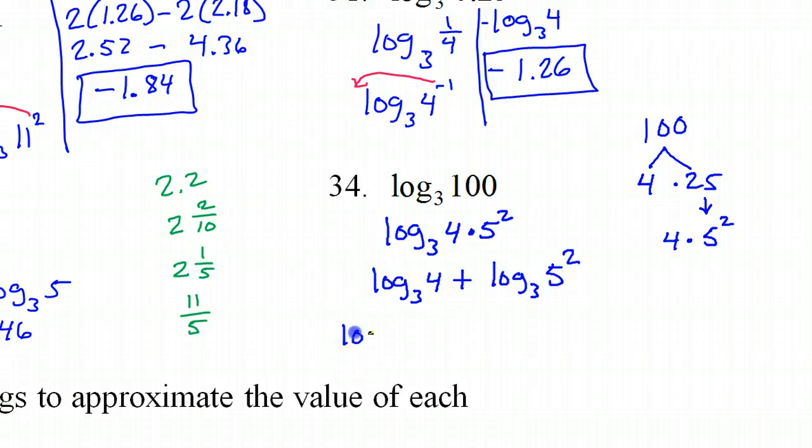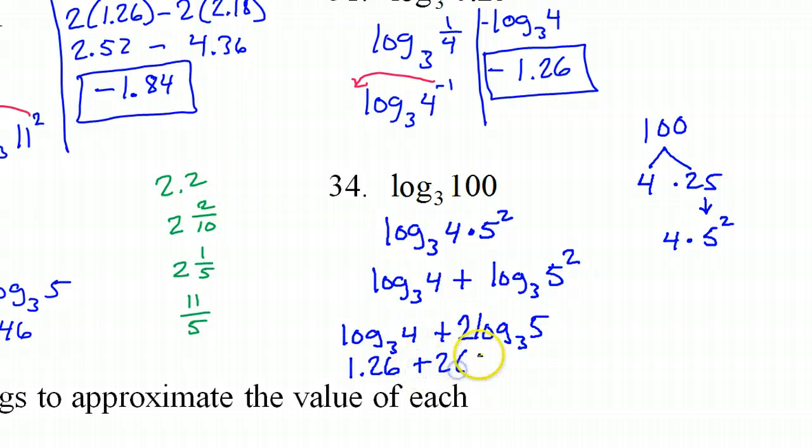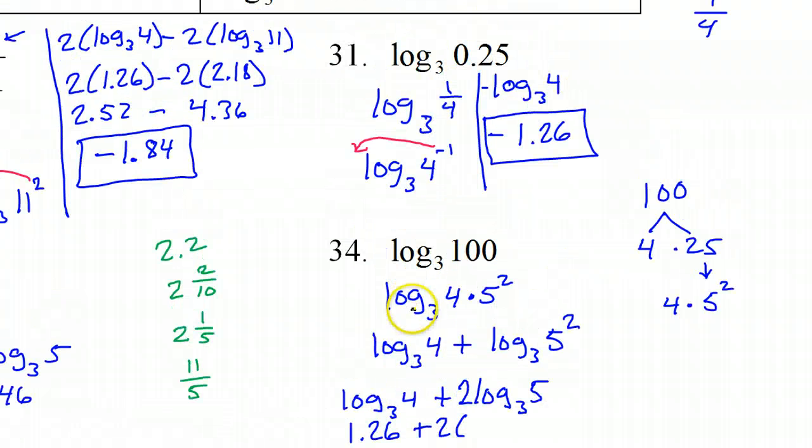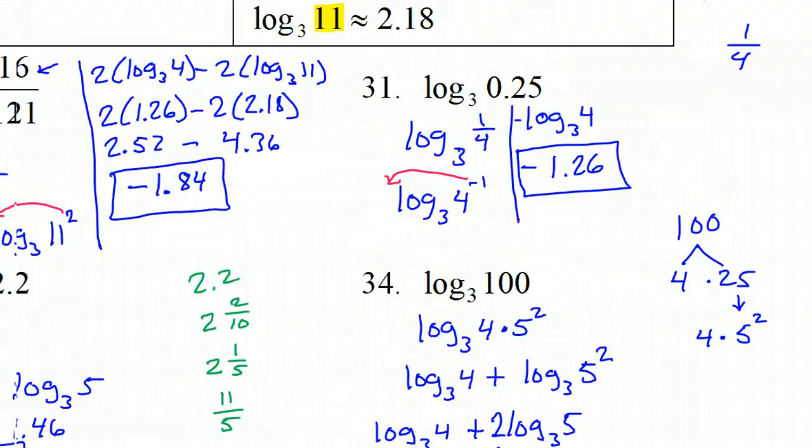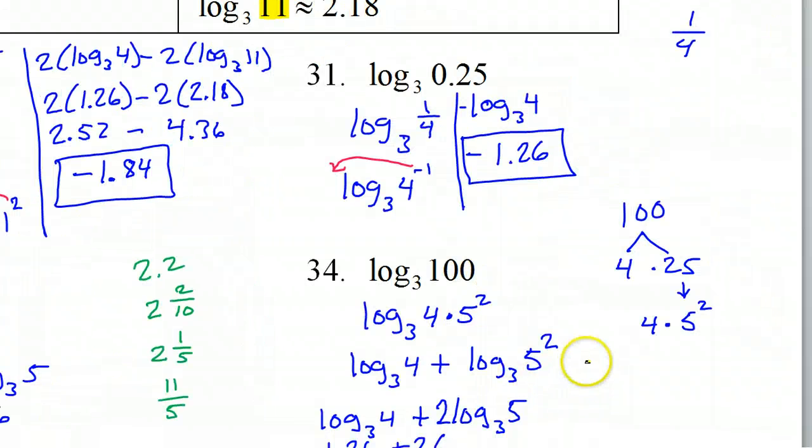So I will have log base 3 of 4 plus 2 times log base 3 of 5. That's going to give me 1.26, because that's a given fact, plus 2 times log base 3 of 5. I forgot what that was right now. 1.46.